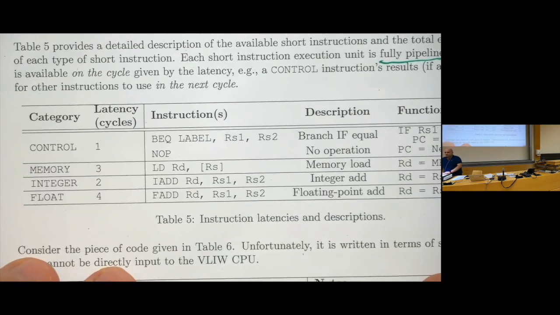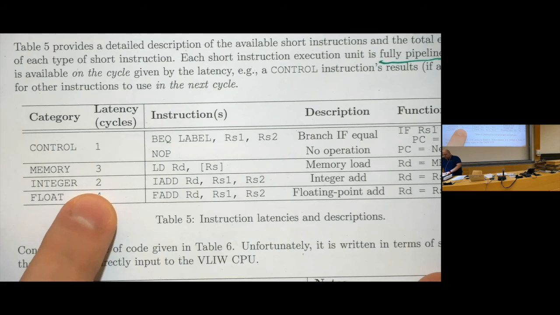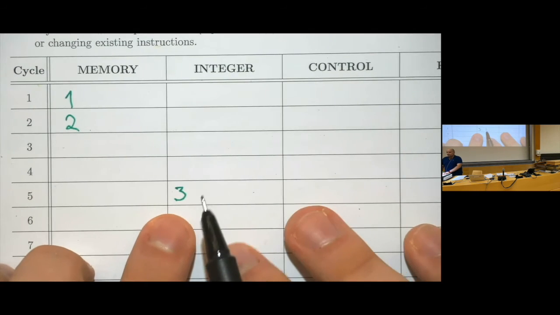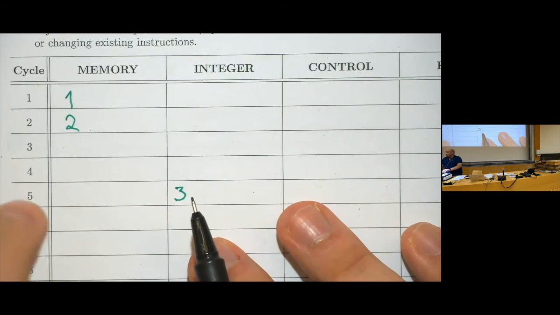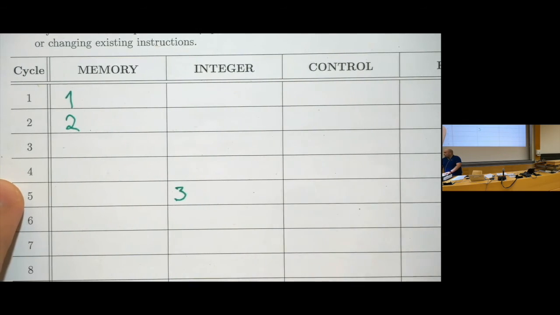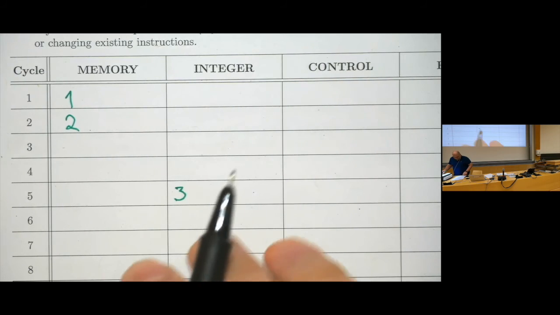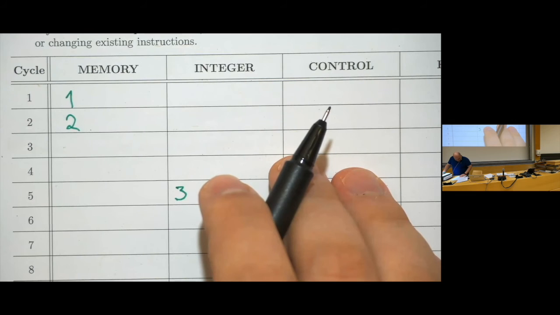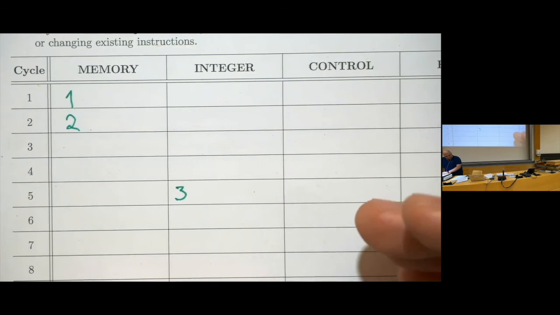We scroll back up to the table and we see that the latency for these instructions is 2 cycles. So this integer add that we started in cycle 5 becomes available for use in cycle 7. 5 is the first cycle, 6 is the second cycle, and then the result is available for use in cycle 7. I want to be really sure that I don't screw up, but so far, so good.